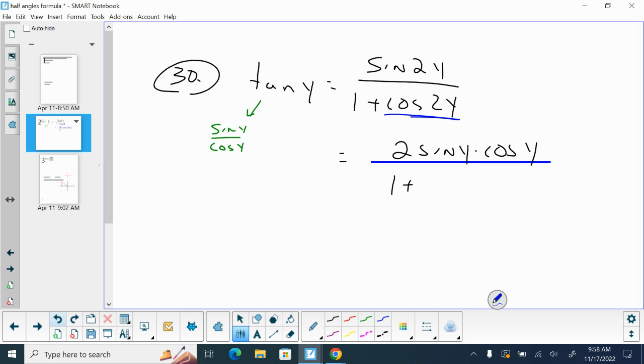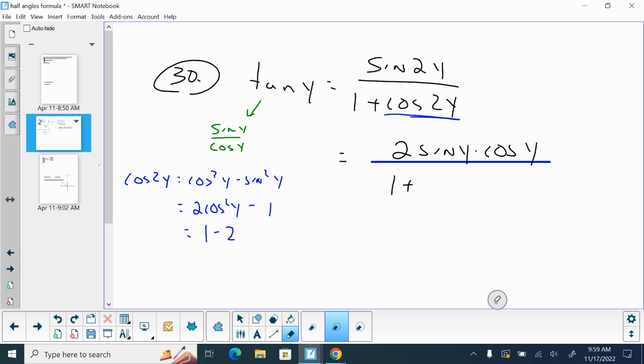Well, if I take a look at what I have for the cosine of 2y, we have cosine squared y minus sine squared y. I have 2 cosine squared y minus 1, and I have 1 minus 2 sine squared of y.